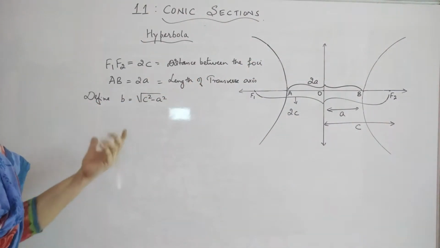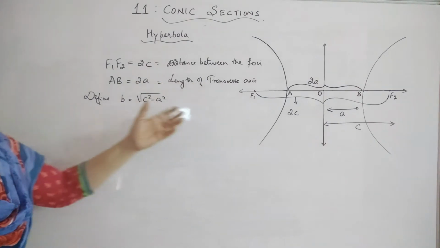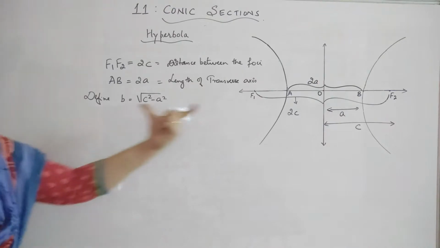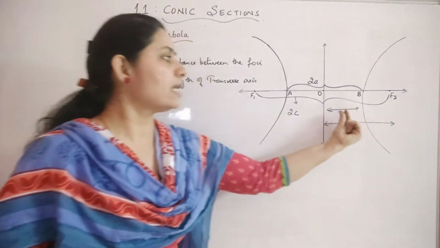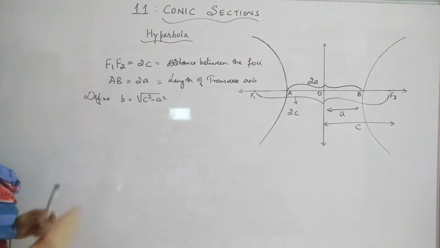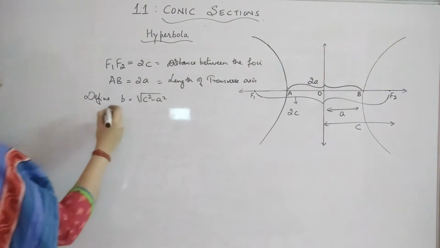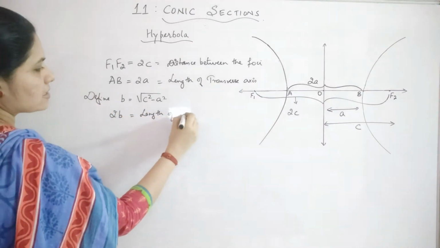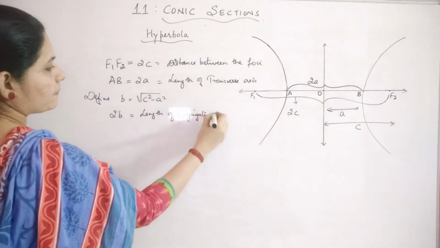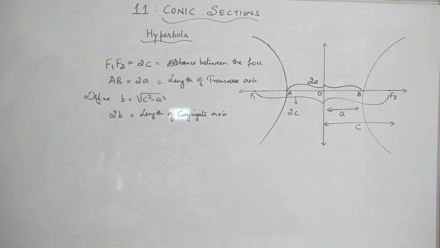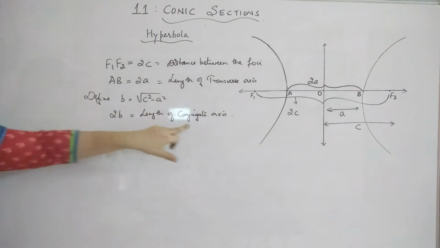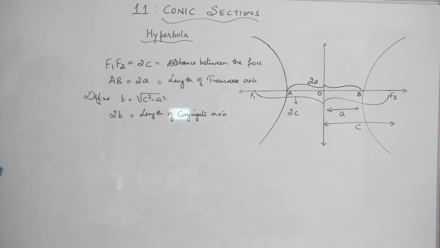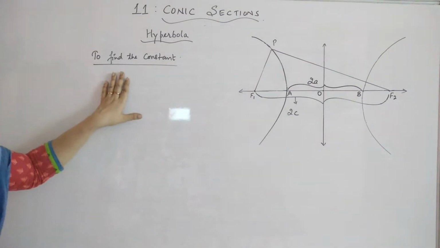So in order to find the length of the conjugate axis, we define b as root of c square minus a square, because the length c is bigger than the length a. Then 2b will give you the length of the conjugate axis. So 2a is the length of the transverse axis, 2b is the length of the conjugate axis, and 2c is the distance between the foci.